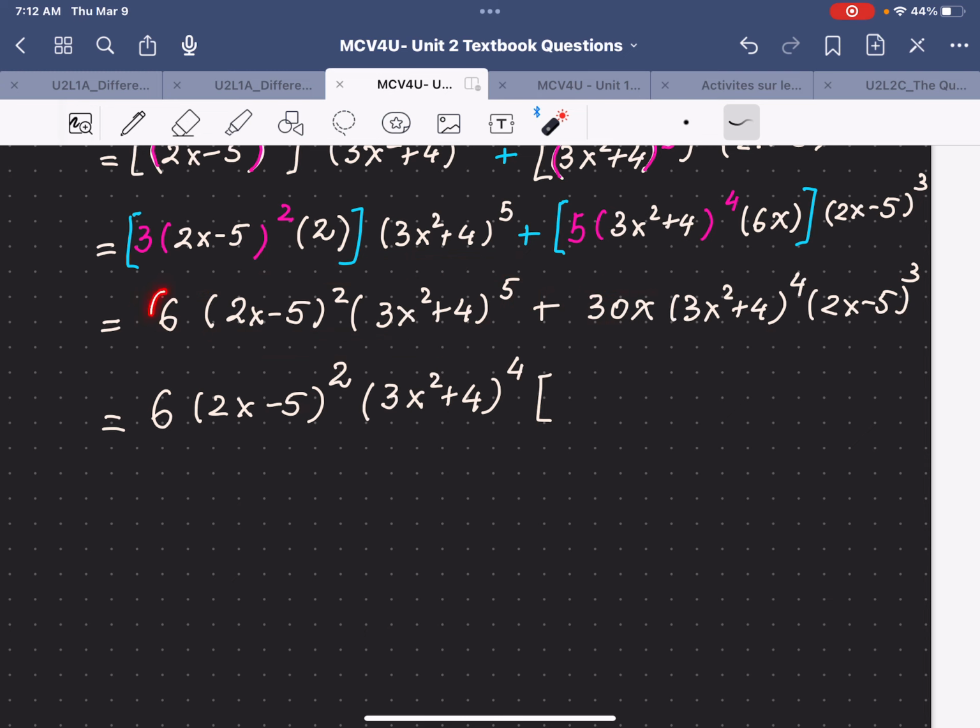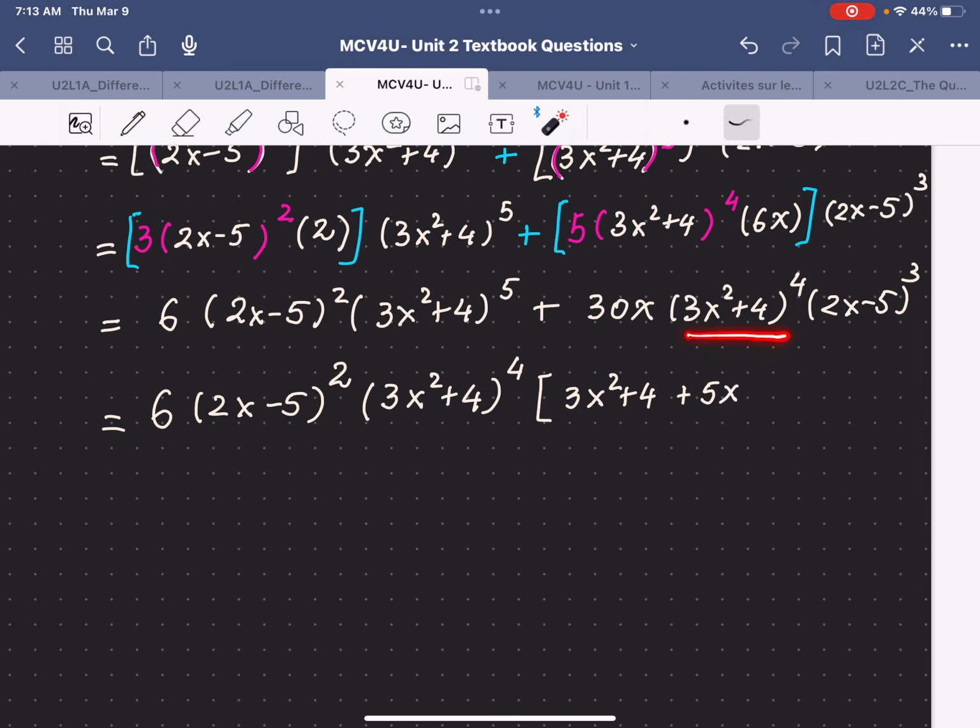So number 6 is out, so there is nothing left in here. 2x minus 5 power 2 is all out, so there is nothing left in here. And 3x squared plus 4 power 5, we have 4 powers out, so 1 power is in. So 3x squared plus 4. And then next we inspect the second chunk of terms here. We have 30x, 6 is out, which means 5x is in.